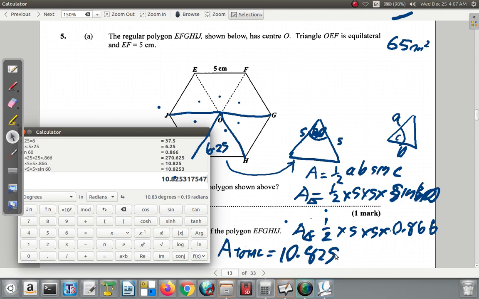Alright, but then this is just the area of each triangle inside the polygon, and there are 6 of them.